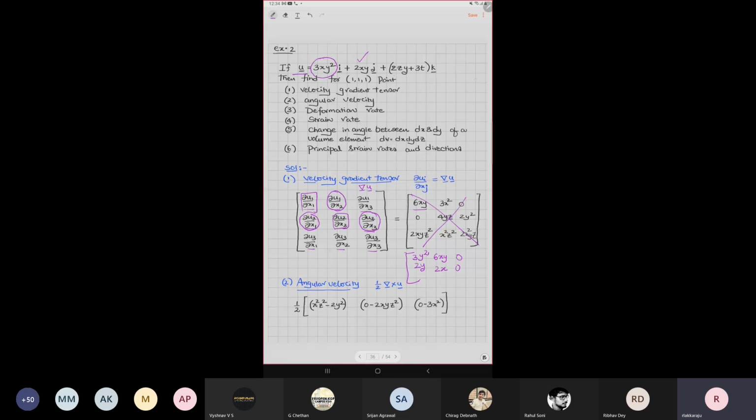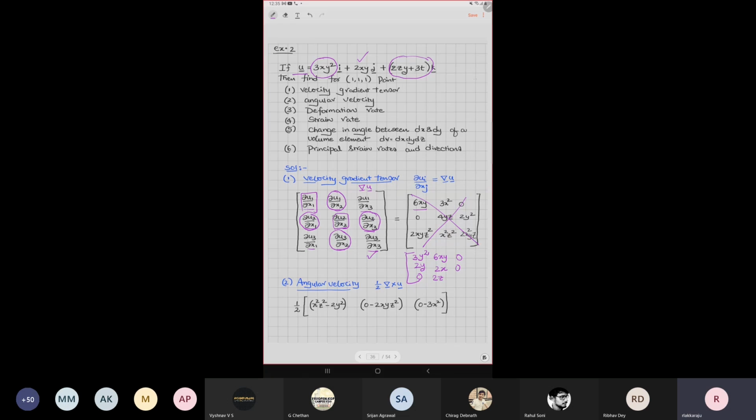The next one is del u3 by del x1. Del u3 is this one with respect to x. So with respect to x, 0. Del u3 by del x2 with respect to y, 2z plus 0 because time is not there. Del u3 by del x3, that is this one.